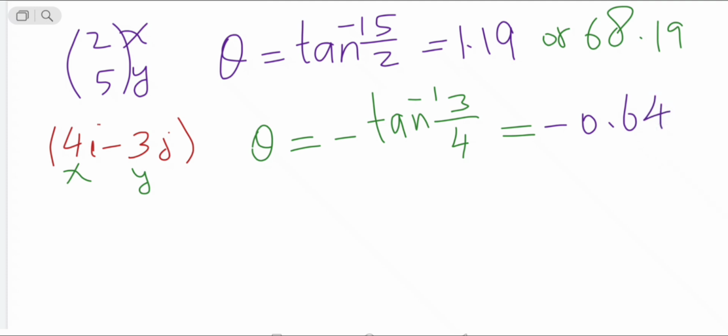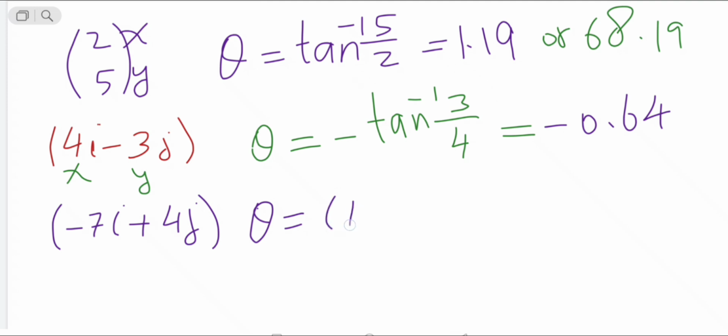Okay, the next one. Now x is negative. Minus 7i plus 4j. So if x is negative, theta equals pi minus tan inverse y over x. What is y? 4. X is 7. This is the rule we have studied already.